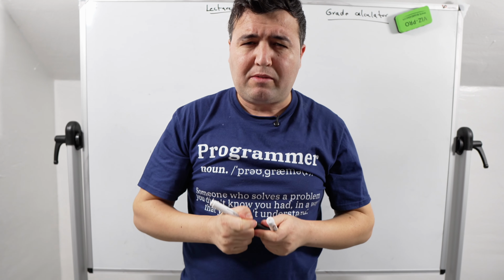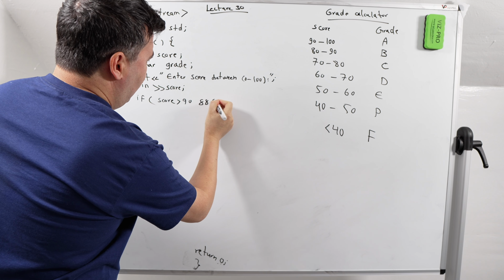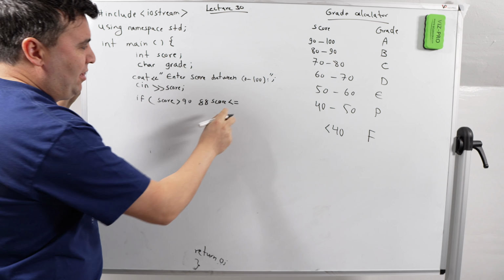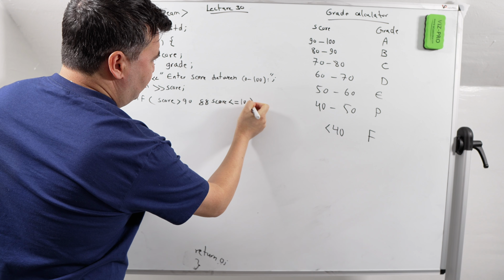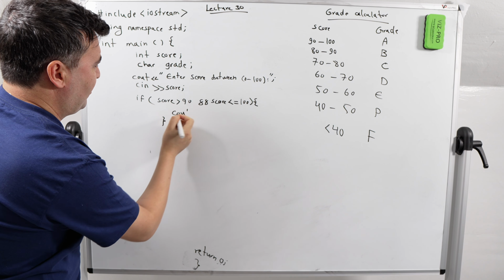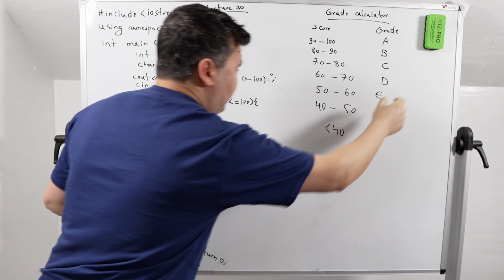So if score is greater than 90 and score is smaller or equal to 100, I open the curly braces for this if, and I close here.